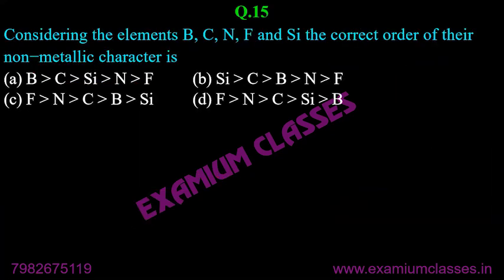Next one, considering the elements B, C, N, F, and Si, boron, carbon, nitrogen, fluorine, and silicon, the correct order of their non-metallic character.